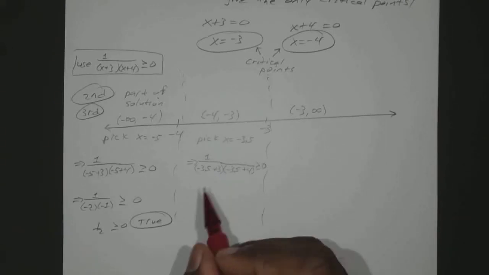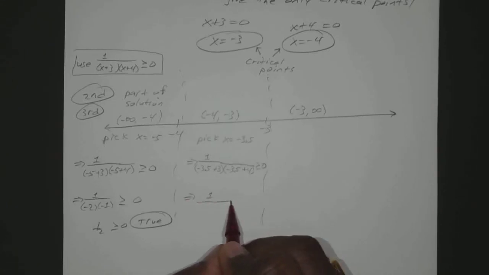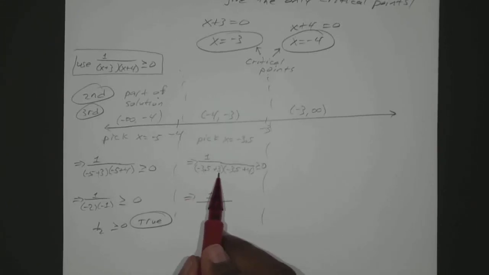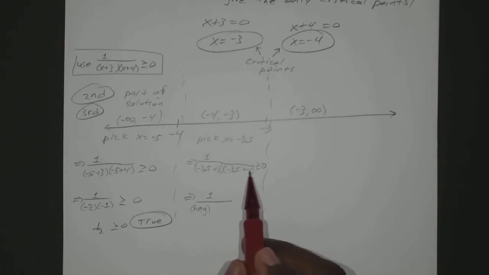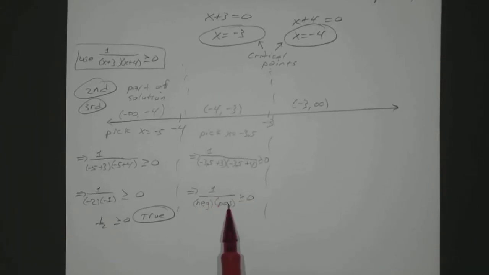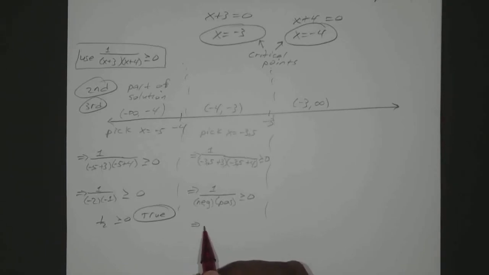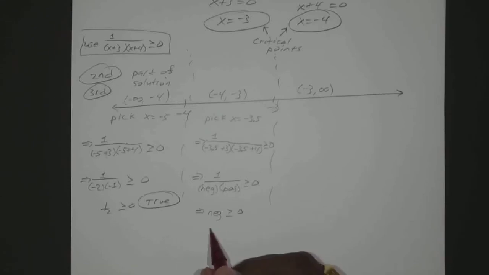This is where you don't have to worry about actually solving it. Negative 3.5 plus 3 will give you a negative number. Negative 3.5 plus 4, since 4 is bigger, will give you a positive number. A negative times a positive is negative, so this is a negative number. It's greater than or equal to 0, which is false. So we can go ahead and cross that out.